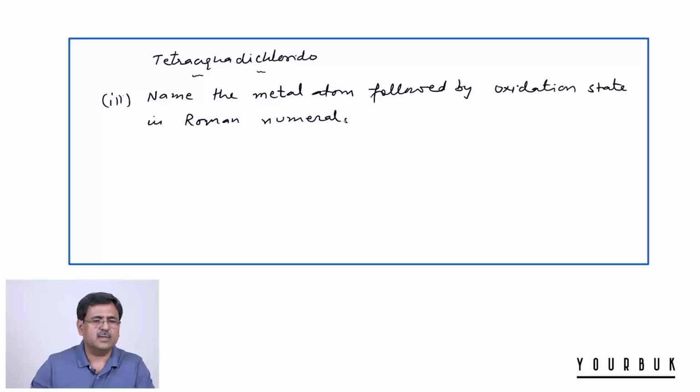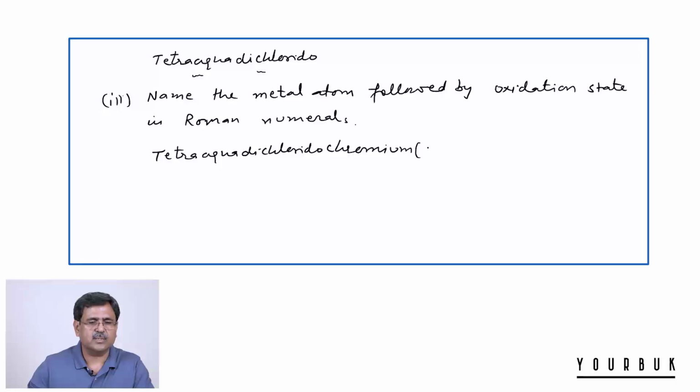So in this case, the metal is chromium. So we write first tetra aqua dichlorido, and then we write the name of the metal, chromium, followed by its oxidation state in Roman numerals in bracket, it's a 3.